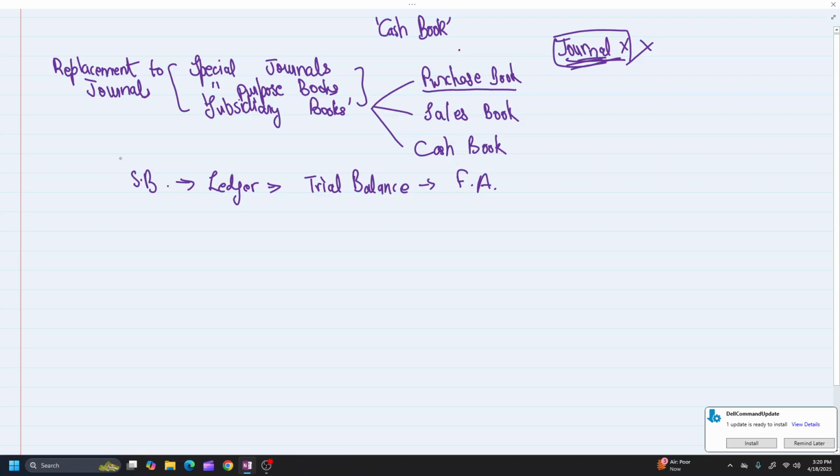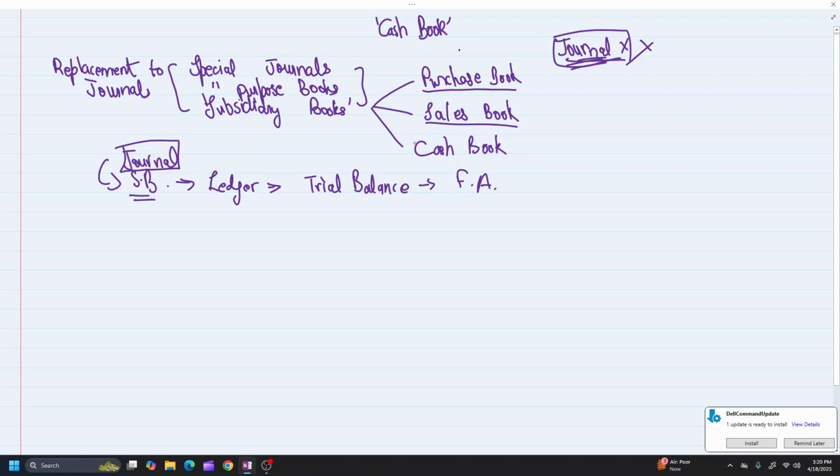Till today we studied journal as the primary step, but this subsidiary book acts as a replacement to this primary book. If a sale happens, where will we write it? In the sales book.